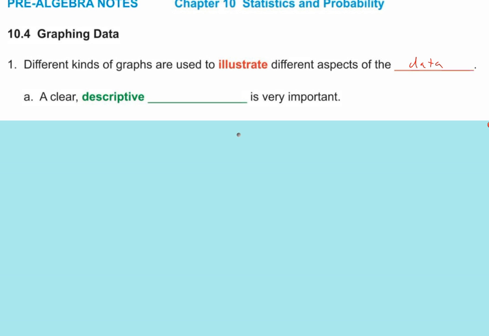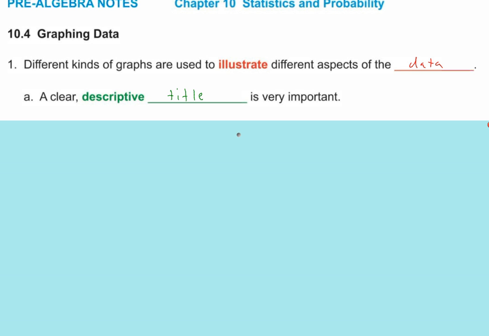All right, whenever making a bar graph, a broken line graph, a histogram, a pie chart, make sure you use a clear descriptive title. So a clear descriptive title is very important. Titles are usually bold and titles are usually capitalized, yes?